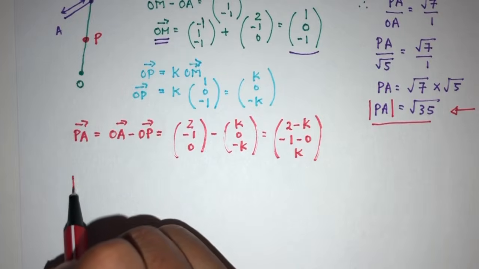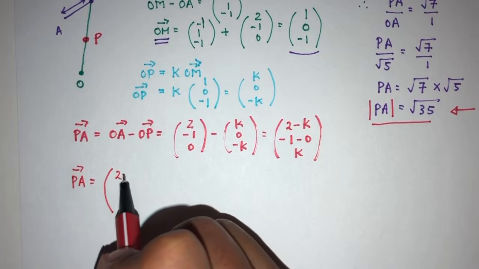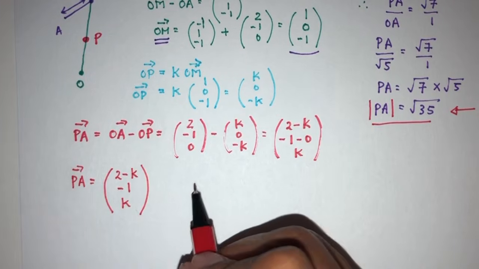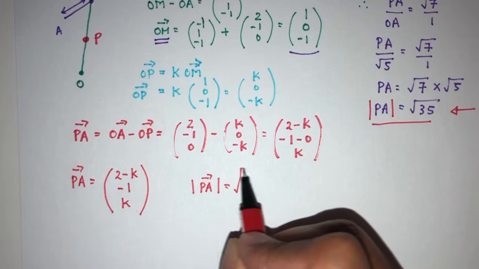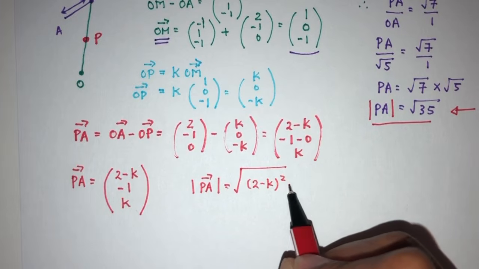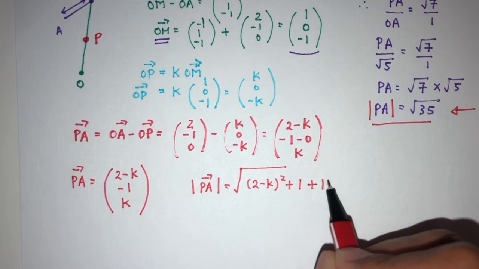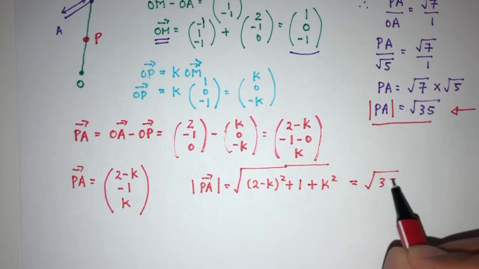So we realize that PA is going to be 2 minus K, minus 1, and K. What is the magnitude of PA? Let's find out. That will be the root of 2 minus K squared, plus minus 1 squared, which is 1, plus K squared. And we know this is equal to root 35.